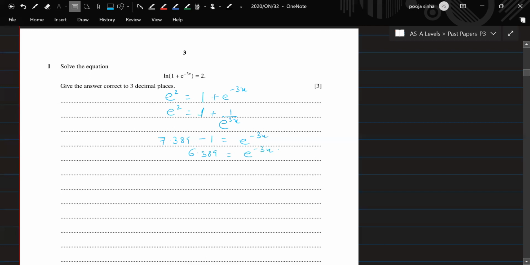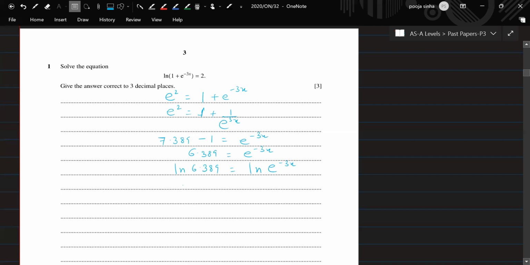Can we take log now? Yeah. We can take ln, right? Yeah. Okay. Got it now? How will it go ahead? No, how will we solve it? Okay, let's take ln on both sides. Okay? ln 6.389 is equal to ln e raised to power minus 3x.